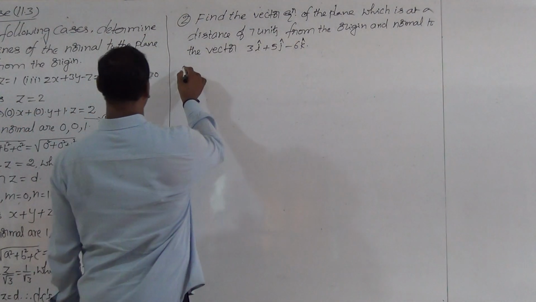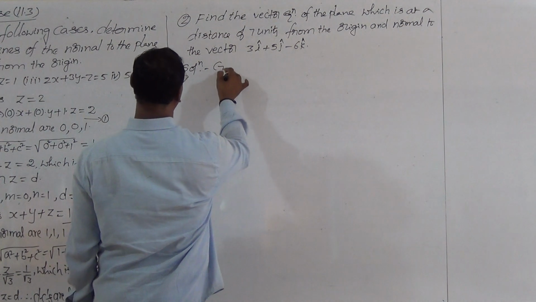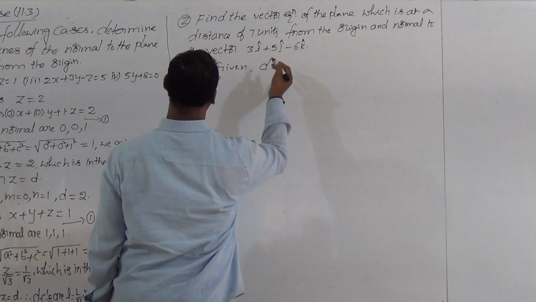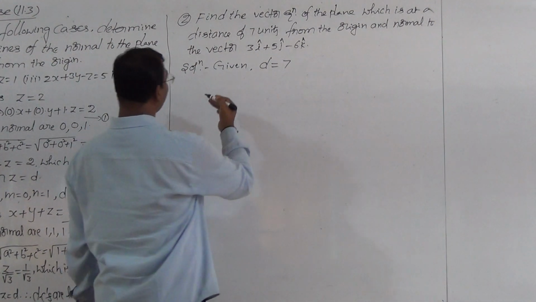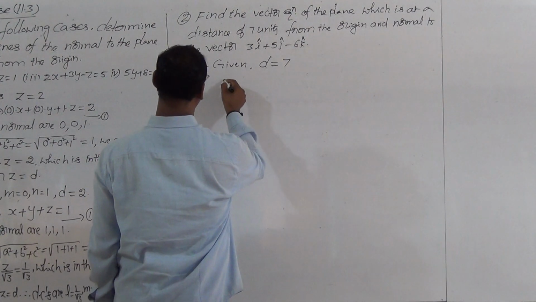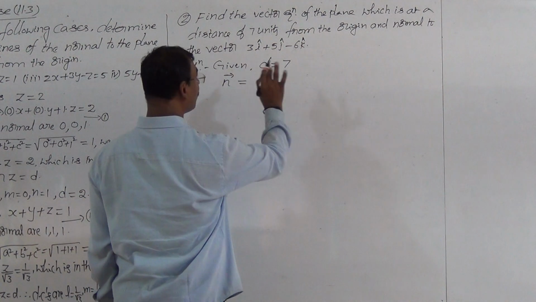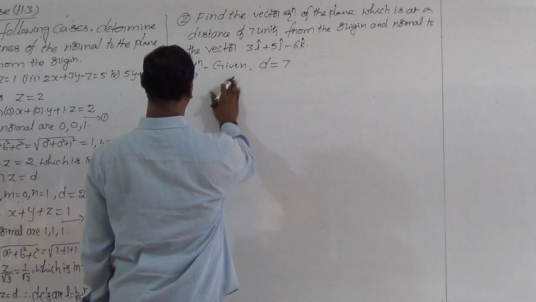So from the problem, firstly we have to take what is given. Distance is given, so d is equal to 7 units. The normal vector n bar is given.